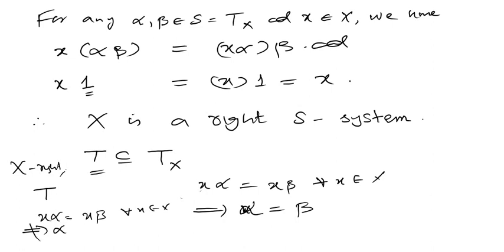But if T is a submonoid of the transformation monoid, and X is a right T system, then x alpha equals x beta for all x in X implies that alpha is equal to beta always. But in general it's not true.